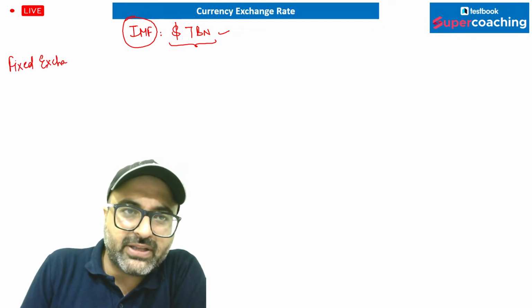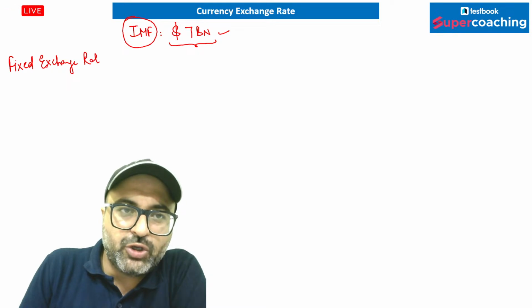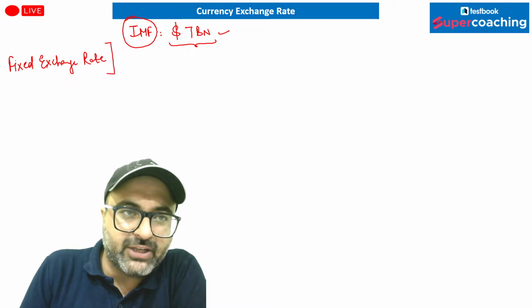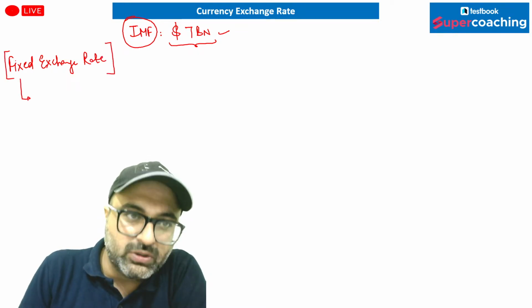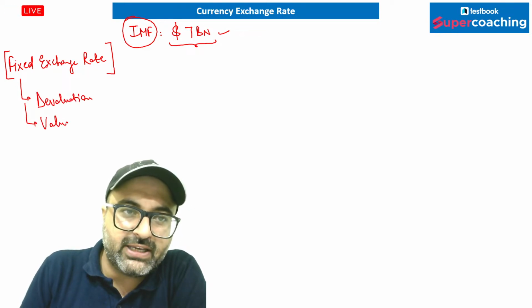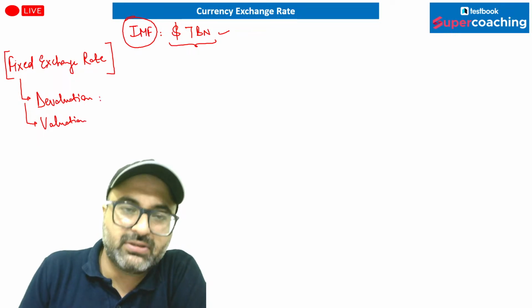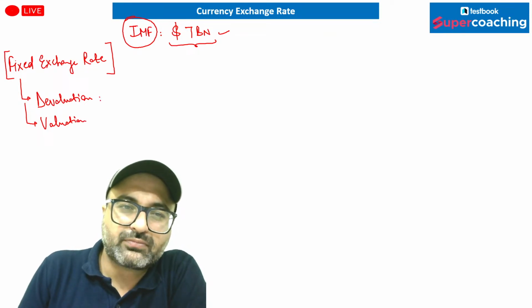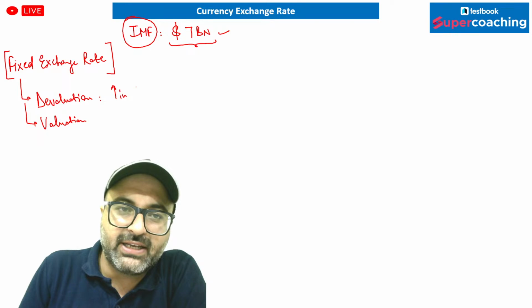Fixed exchange rate method basically means the method in which you can increase the value of your currency, or you can decrease the value of your currency. If you decrease the value of your currency, that is known as devaluation, which results in an increase in exports.